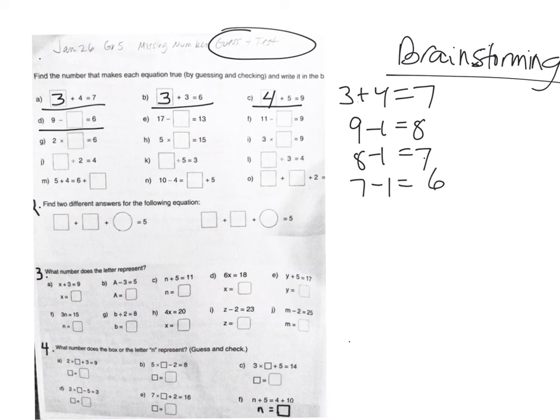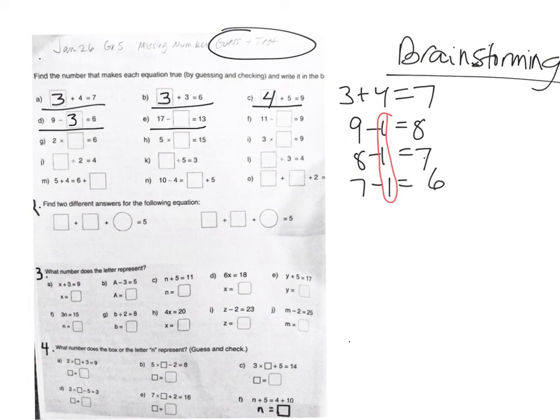And that is taking away 3 altogether. So maybe that's how you did it. Or maybe you just simply know your addition and subtraction facts, and you know that 9 subtract 3 equals 6.